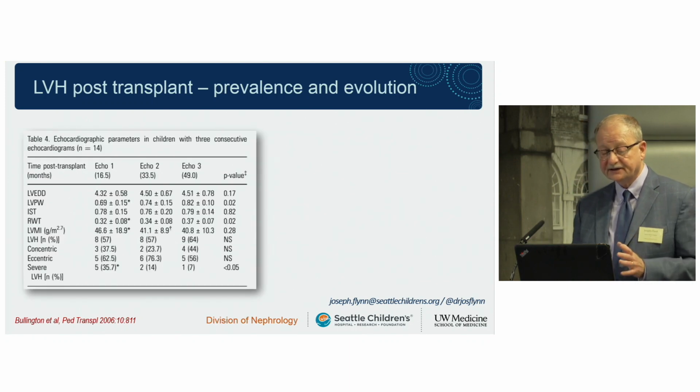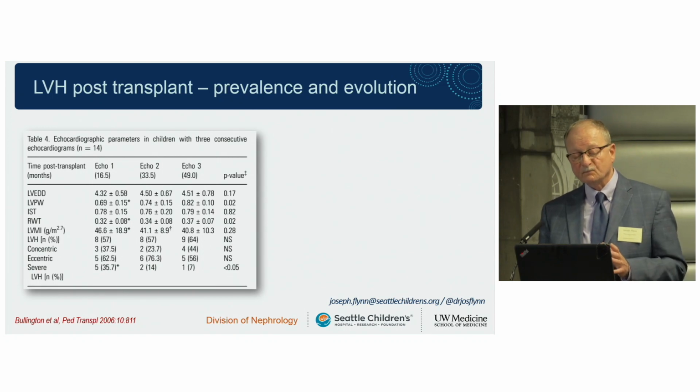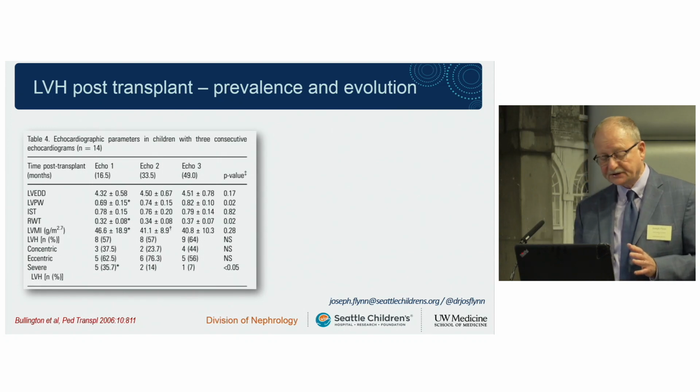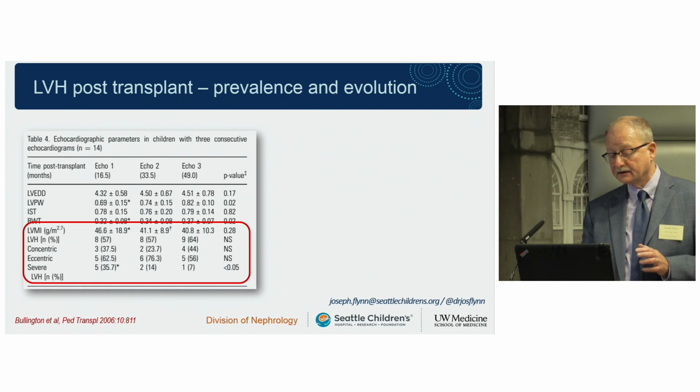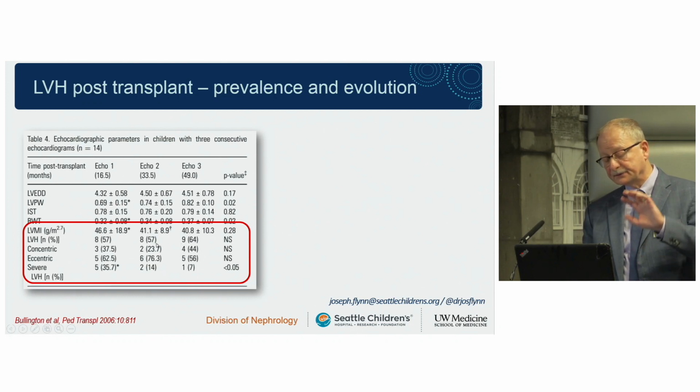Just looking at their echo data, here they're showing that LV mass did decrease over time, but that the percent with LVH stayed the same. And remember, this is from almost 20 years ago now.